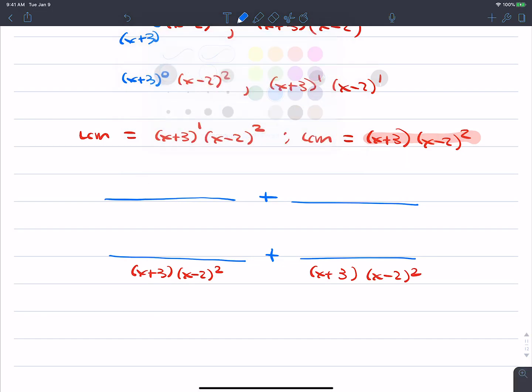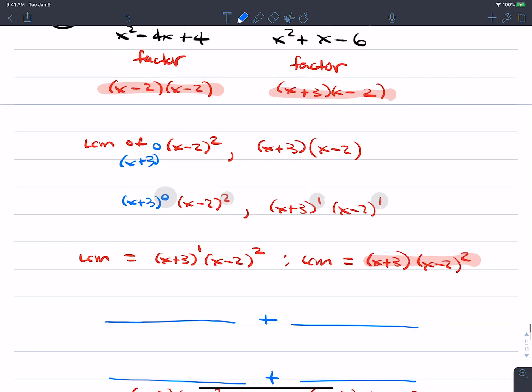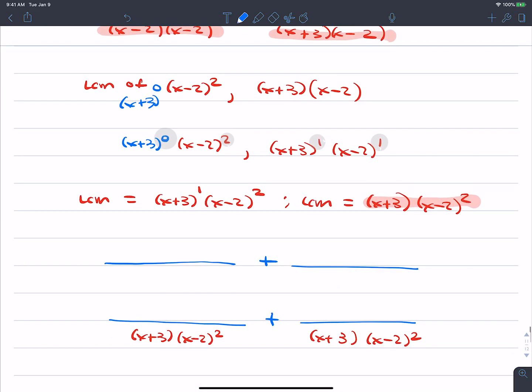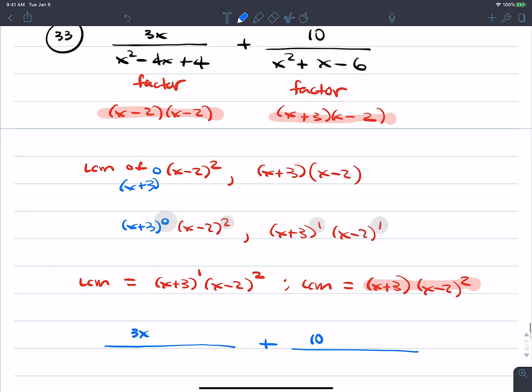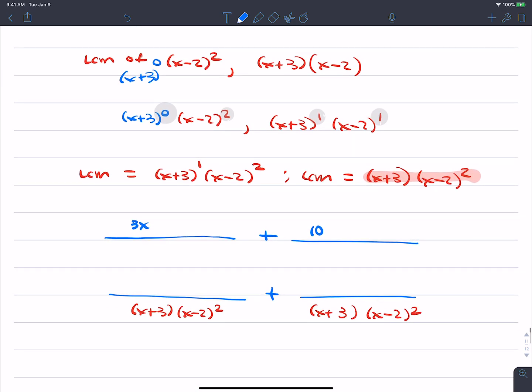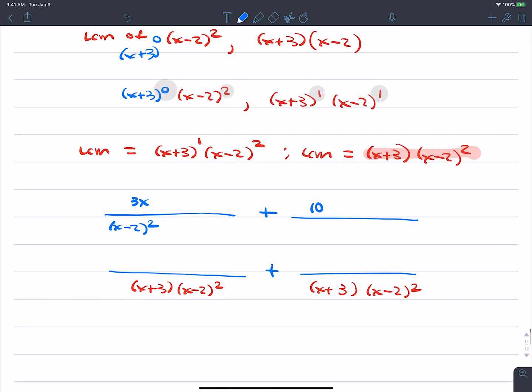And I just copy my fractions: 3x as a numerator, 10 as a numerator, and don't forget we're going to use these denominators here: x minus 2 squared, and x plus 3 times that x minus 2.